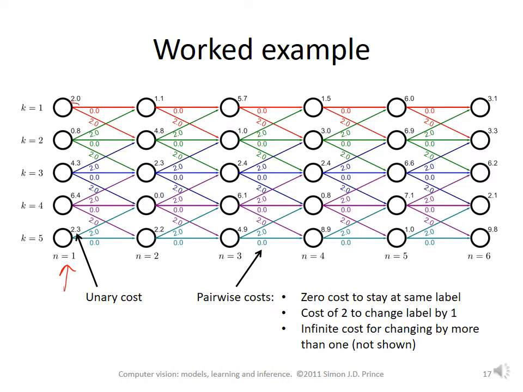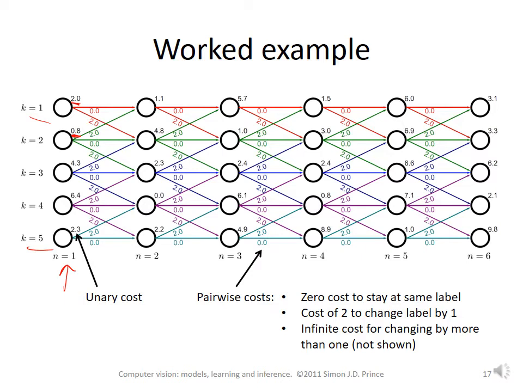It's a cost of 2.0. This is represented as cost, so smaller numbers are better. For assigning W1 a label 2, it's only going to cost you 0.8, and so on all the way down the line from 1 to 5. So we've been given this information.